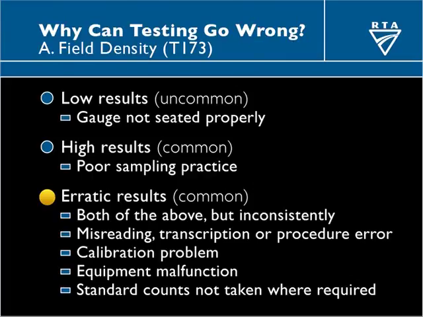It can be transcription or reading errors, or a mistake intermittently in a procedure. It can be a calibration problem, or erratic operation of the equipment. Or people have not taken counts of the background radiation where it's required, most commonly in trenches or near pipes, where readings should be taken at each test location.